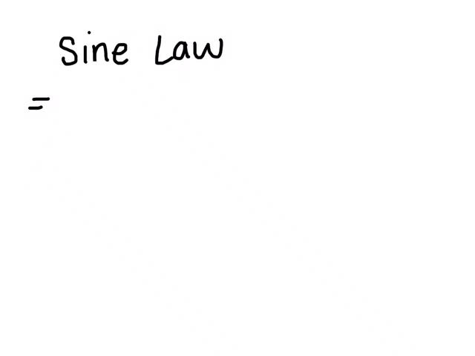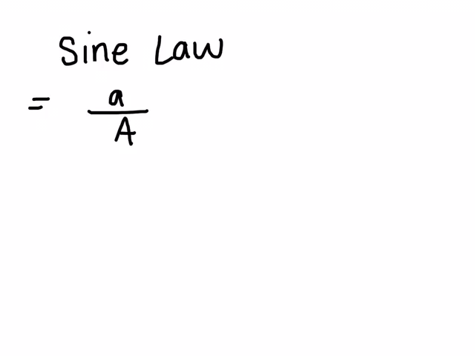Now, the sine law. Sine law can only be used if it's an acute triangle, and sine law states that the side length and its opposite angle are related. So if the side length is A, what's the opposite angle?